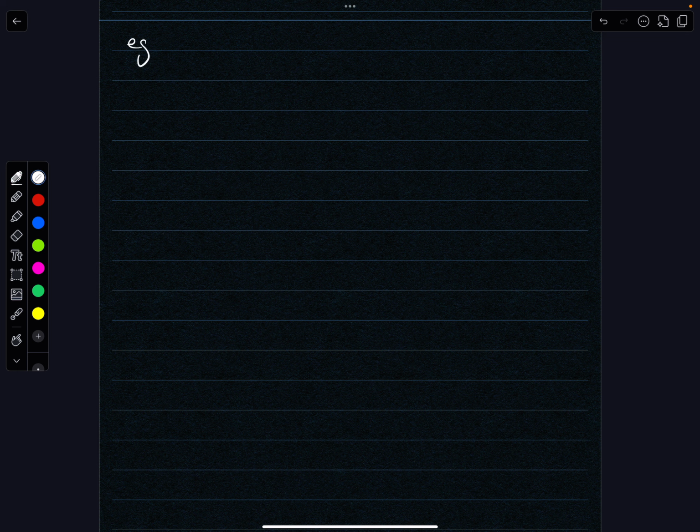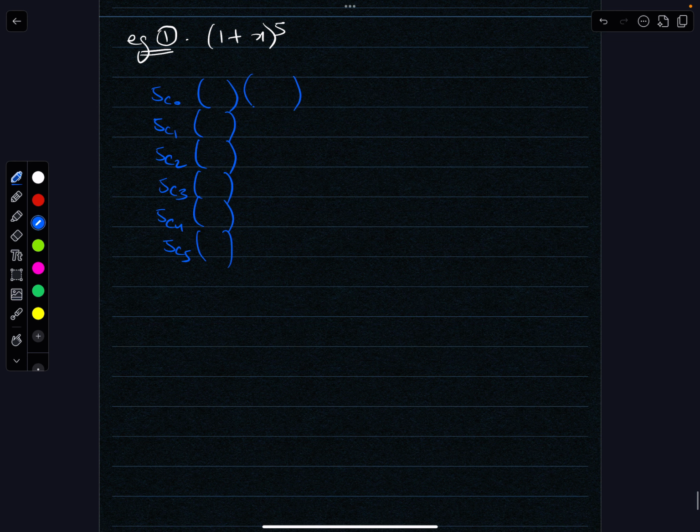So let's say I have an example, (1 + x)^5, and let's expand this. So I have 5C0, 5C1, 5C2, 5C3, 5C4, 5C5, and then make these brackets, make one more bracket in each line. This is the easiest method to solve by.